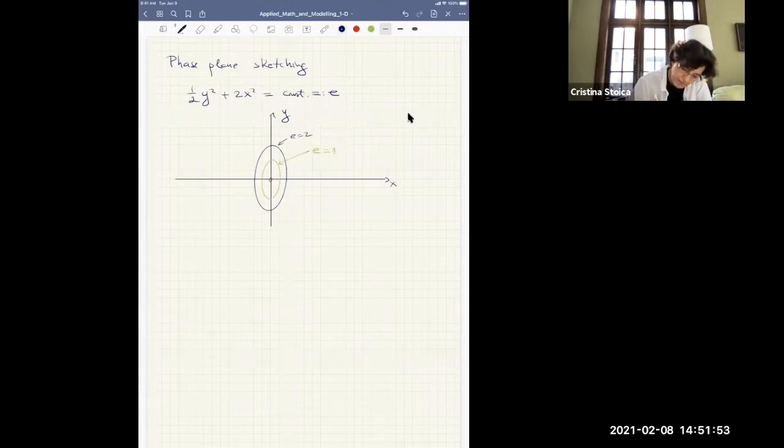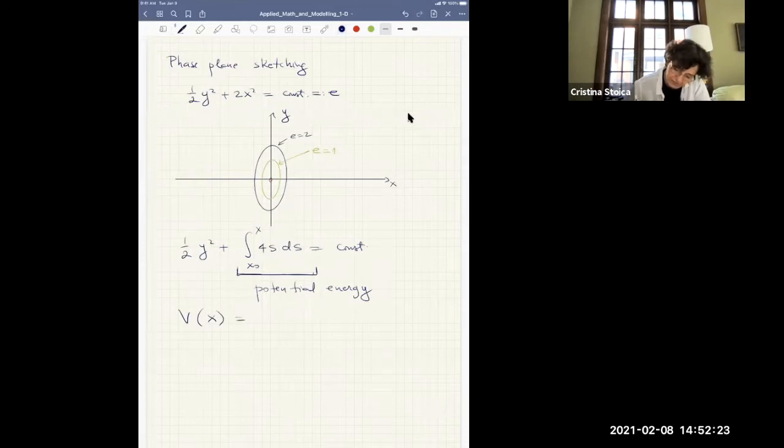However, I'm coming back to, remember that this guy, that's how we wrote the thing, right? So this fellow here, we call this the potential energy, and I'm going to call it V of x.